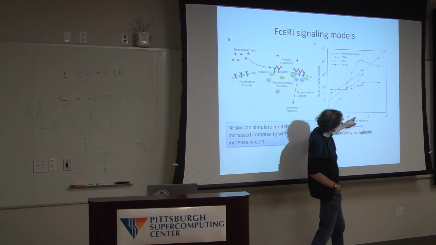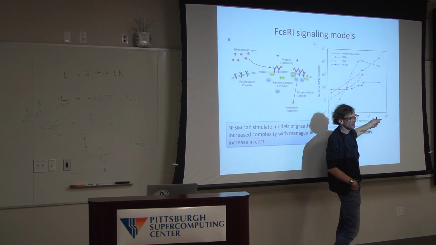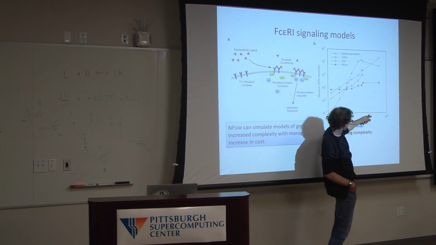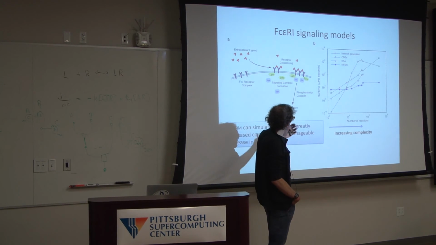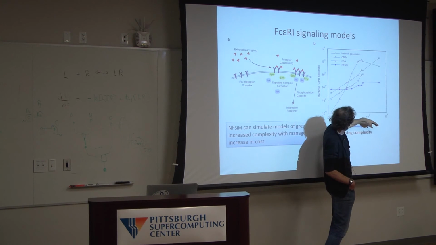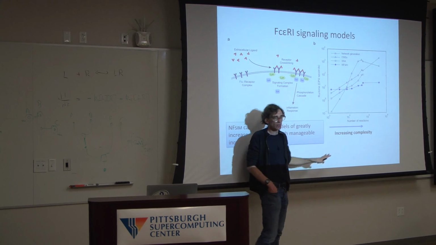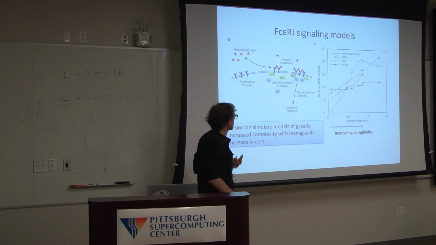So my network is going to grow in size over time, typically. As I learn more biochemistry, I make my network more and more complicated. And what we wanted to do was develop a technique where, as we make the network more complicated, the simulation time remains roughly constant. And that's what this network-free mode of simulation allows you to do.